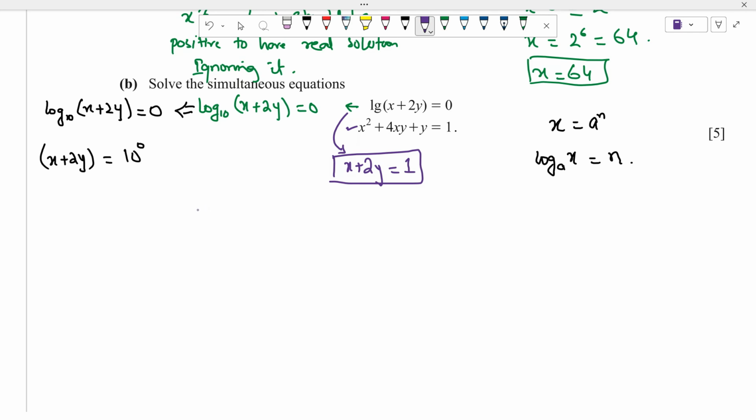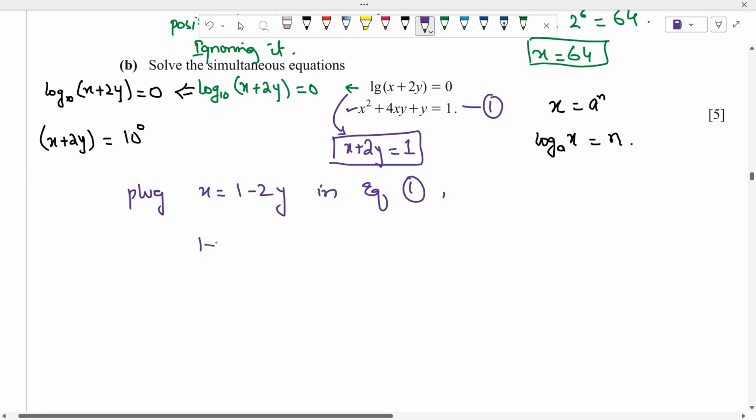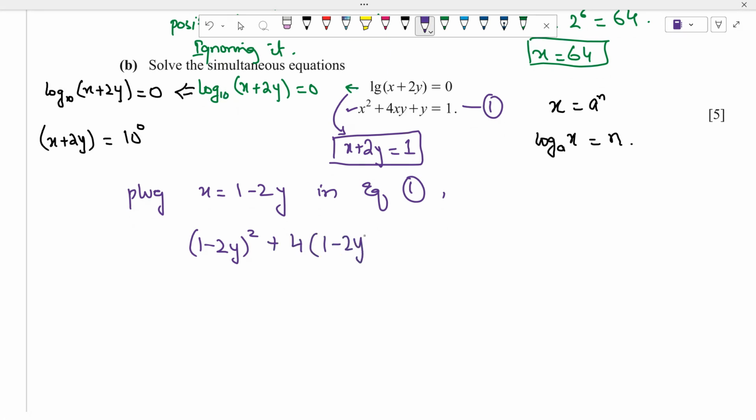So first we find the value of x, which is equal to 1 - 2y, and plug it into equation 1. So we have (1 - 2y)^2 + 4 times (1 - 2y) times y + y = 1.